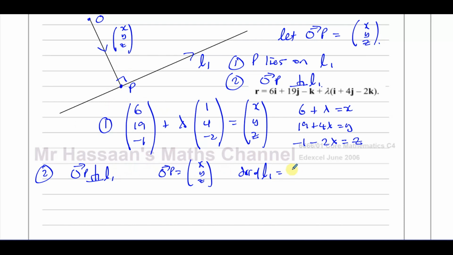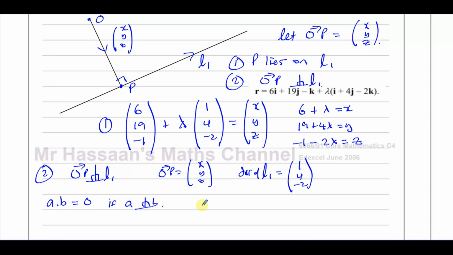The direction of line 1 is given by just this part of the vector, 1, 4, minus 2, the part which is multiplied by the scalar parameter. From our understanding of vectors, when you have two vectors which are perpendicular, then the dot product of those vectors is equal to 0.